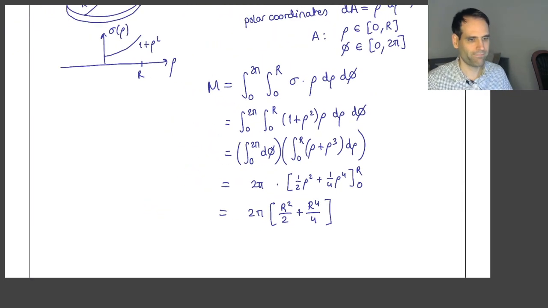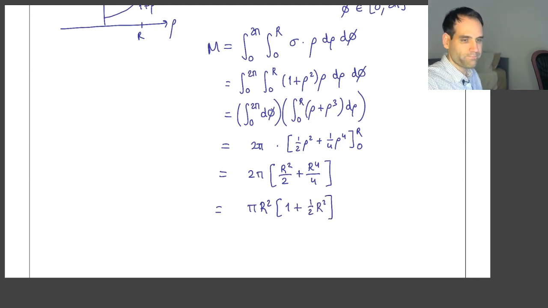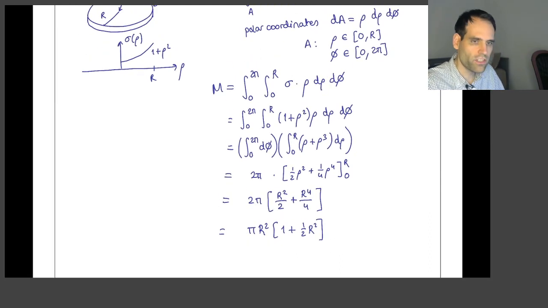Okay? We could simplify this slightly by saying this is pi r squared times 1 plus r squared over 2. Okay? Excellent. So see you in the next video.